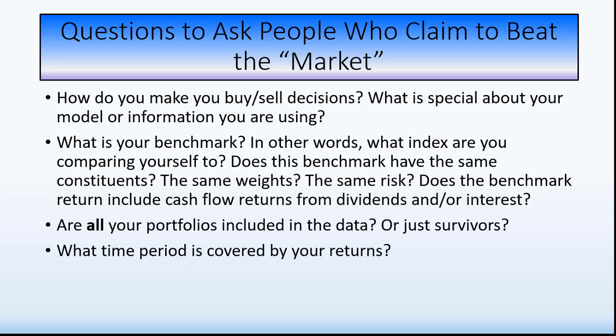Because the coin flipping example is going to tell you, well, there's always going to be a few people way out on that tail because they just happen to flip a bunch of heads. And in the stock market, even if the market's truly random, there's going to be a bunch of people that have done really, really well. The question is, was it skill or was it luck? And the answer is, you never can tell.